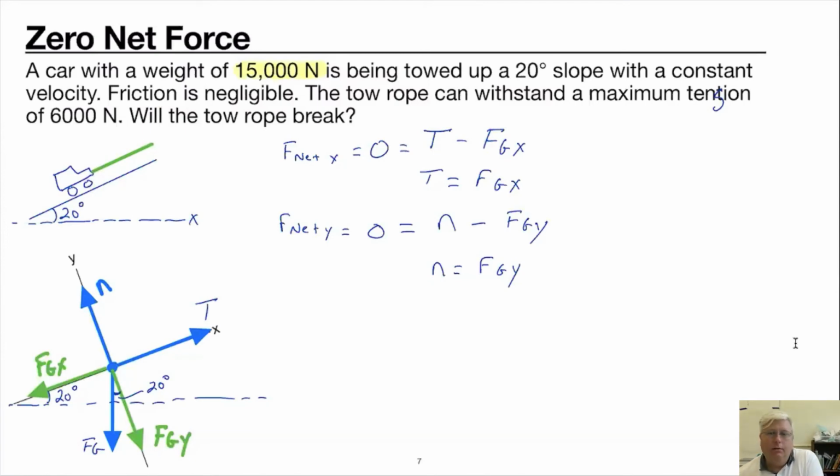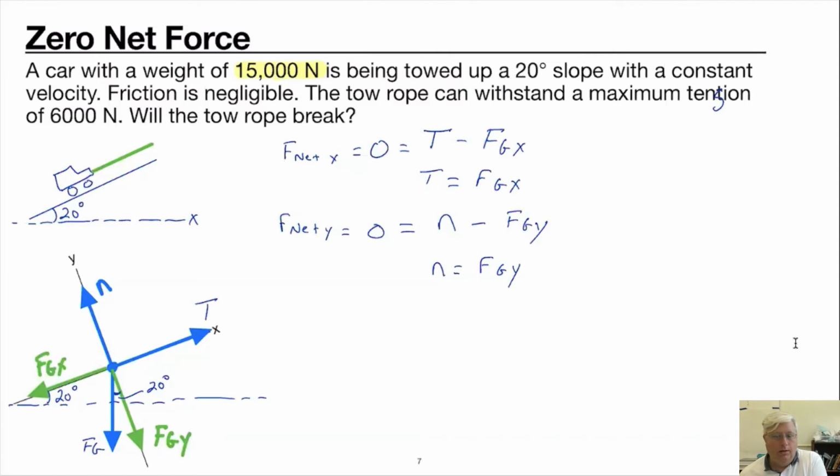We're moving with constant velocity, and we want to know if the tension is basically less than the 6,000 newtons. So we want to find out what is tension.